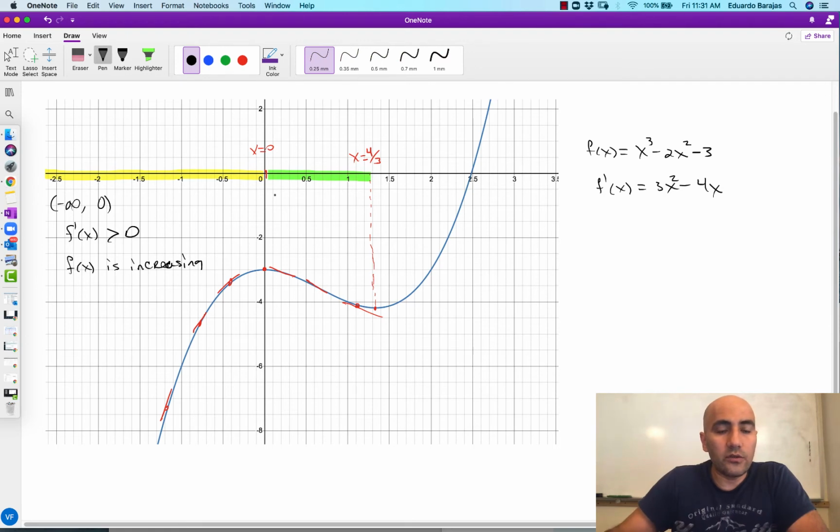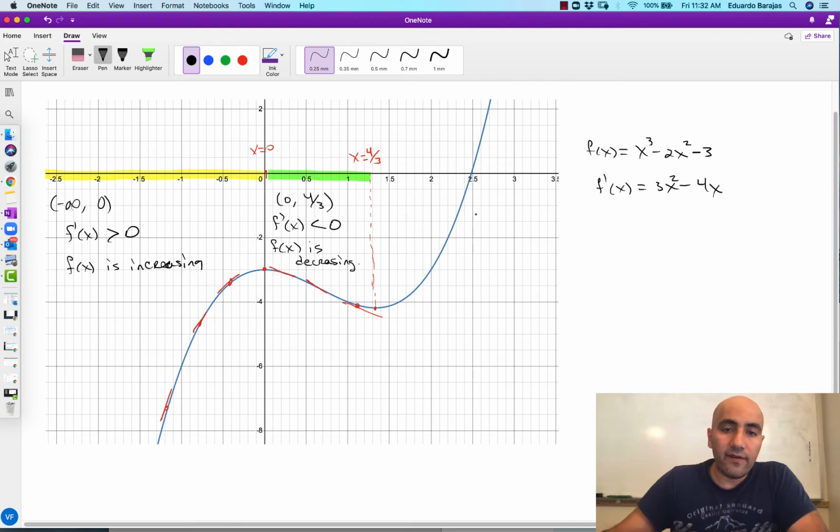So we would conclude that on the interval between 0 and 4/3, f prime of x is less than 0. It's negative in that interval. And so we can conclude that the underlying function f of x is decreasing. It's decreasing, and it also happens in this case to be negative. So negative and decreasing in this zone.